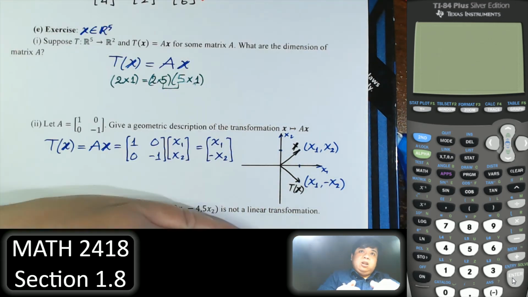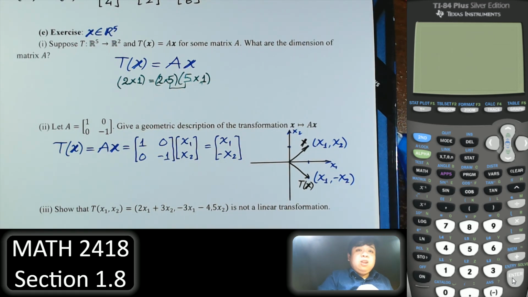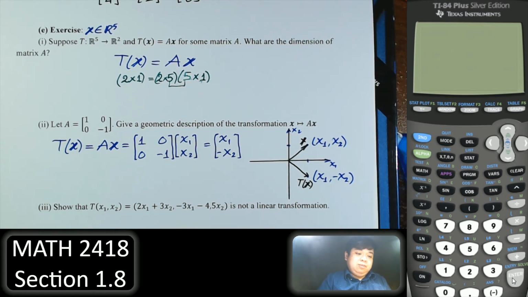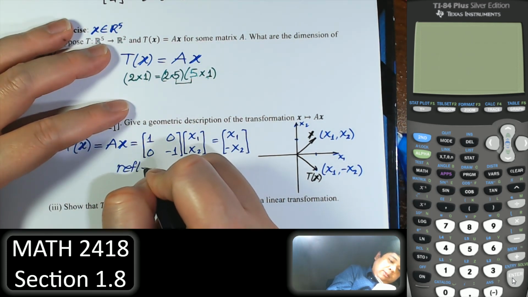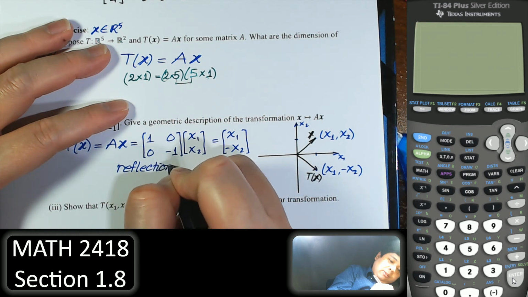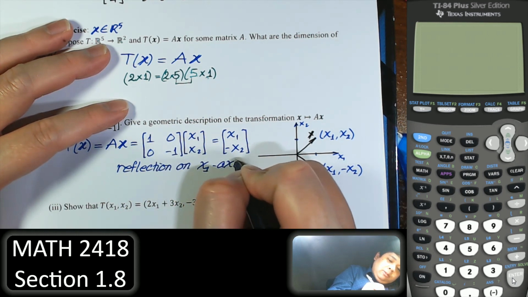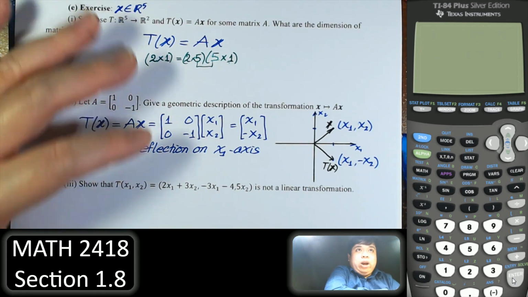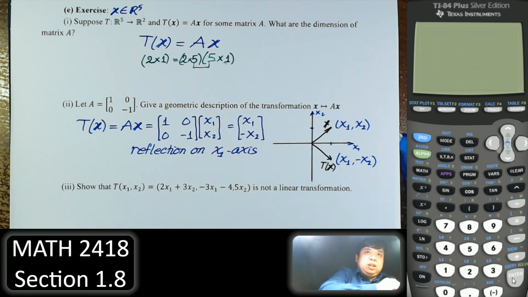It is just the mirror image, the reflection on the x-axis. So this is a reflection on the x1 axis. x1 stays and x2 turns to the opposite.